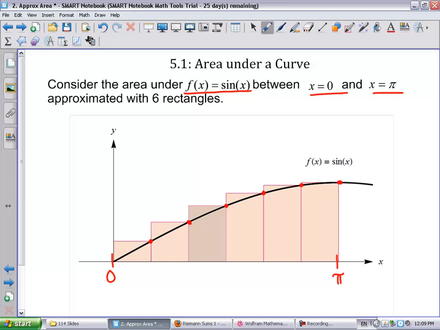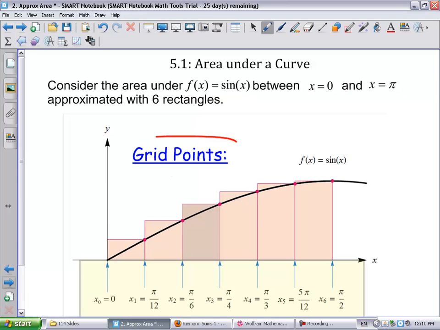And everywhere one of these rectangles meets the axis, those are all important points to me, including this beginning point, which we always call the beginning point a, and this ending point, which we call b. So all of those points are really important, so we're going to give them a name. We're going to call them grid points.